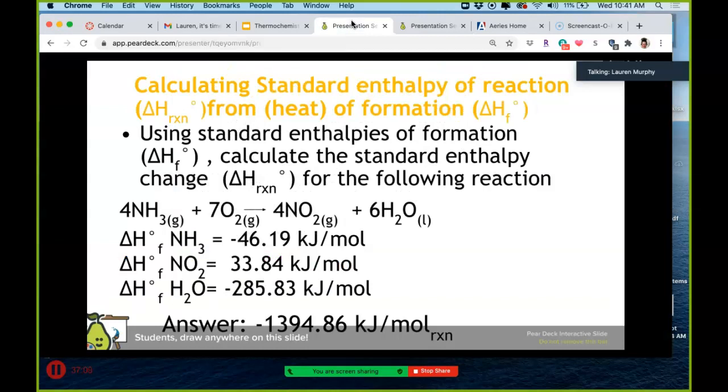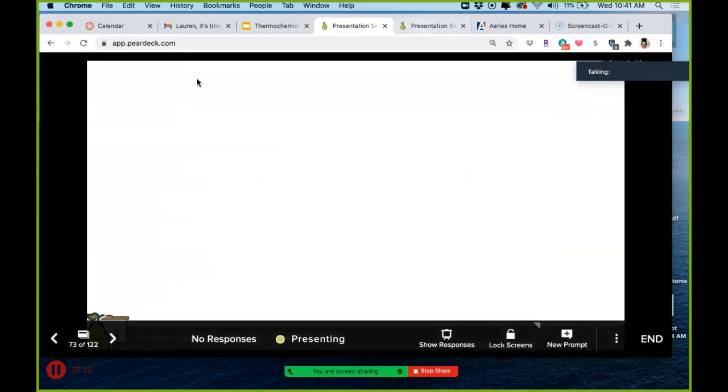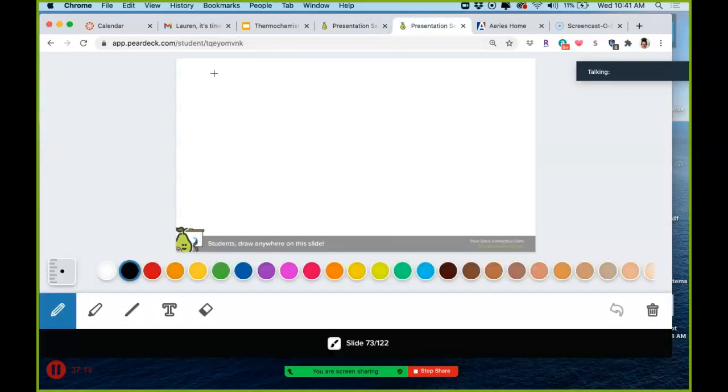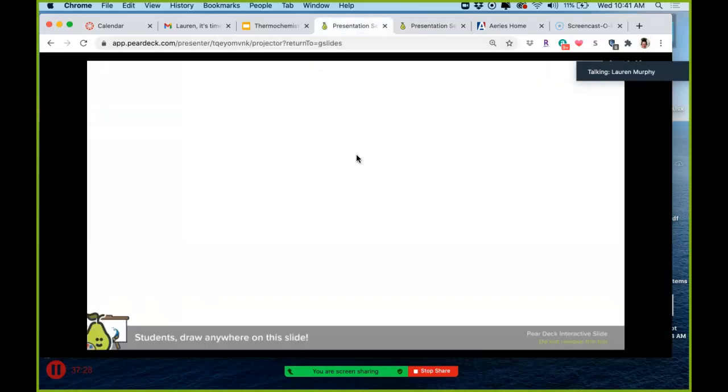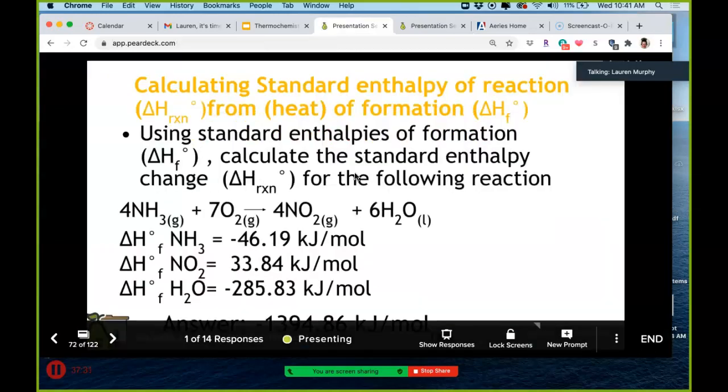So I'm going to do this. Delta H of the reaction is the sum of all of my products, minus the sum of all of my reactants. Products minus reactants. Okay, so now I'm going to go back here, and I'm going to have to look at my coefficients. So it's 4 nitrogen dioxides and 6 waters for products.